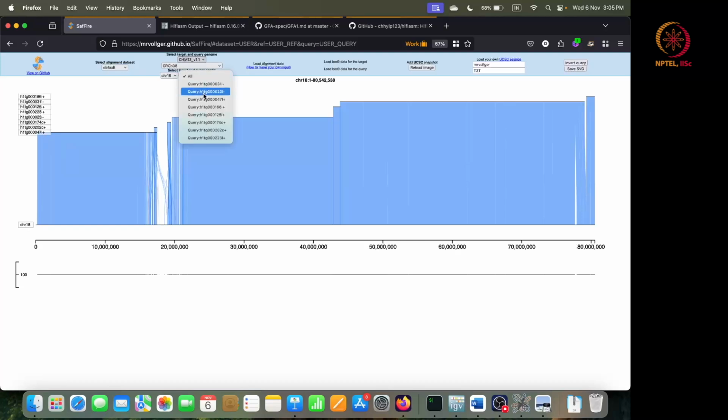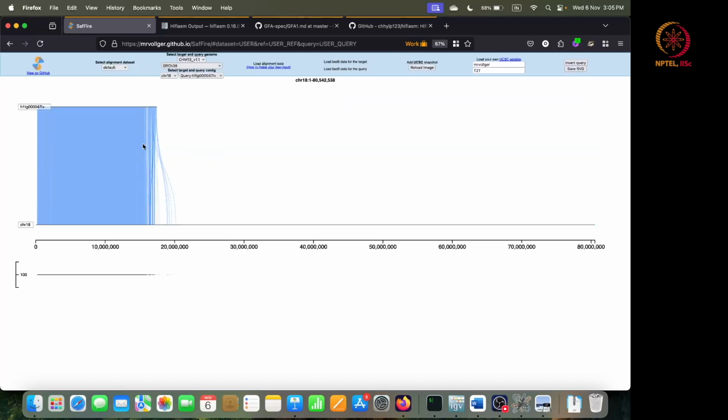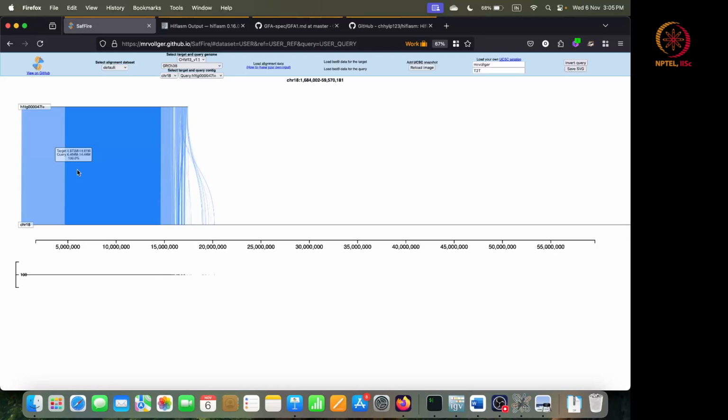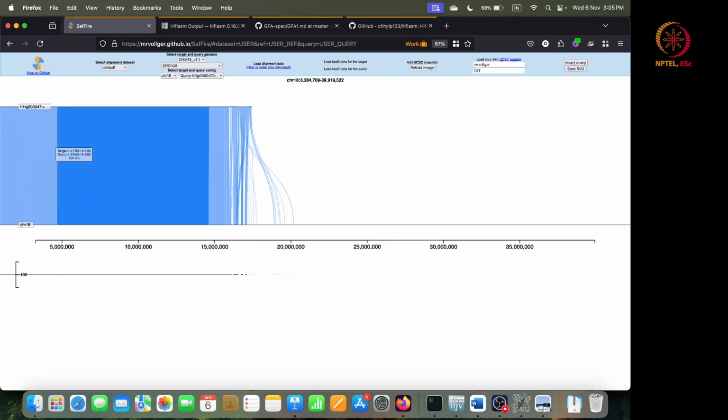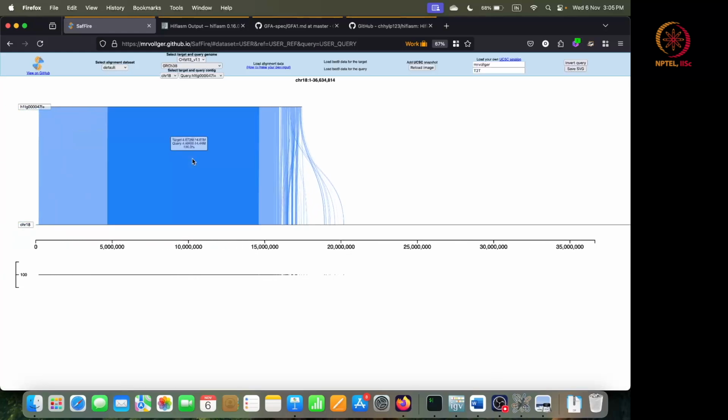Let us look at this one. So, this is a contig which is aligned to the first 17 million or so locations of chromosome 18 on CHM13. You can see here, when we zoom in simply by scrolling or pinching, depending upon whether you are using a mouse or a trackpad, and you can move the mouse around to look at different regions which are closely aligned.